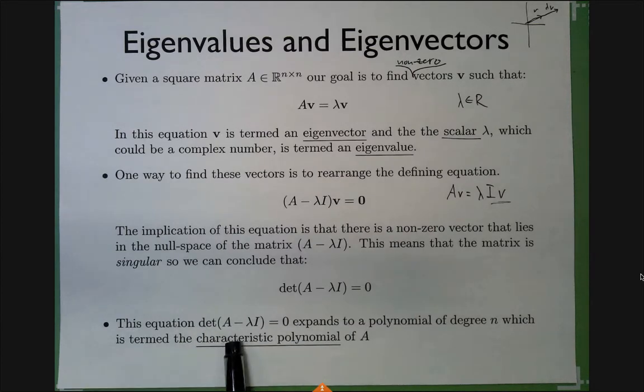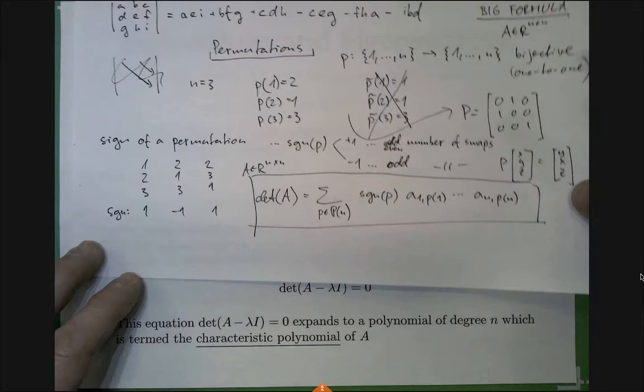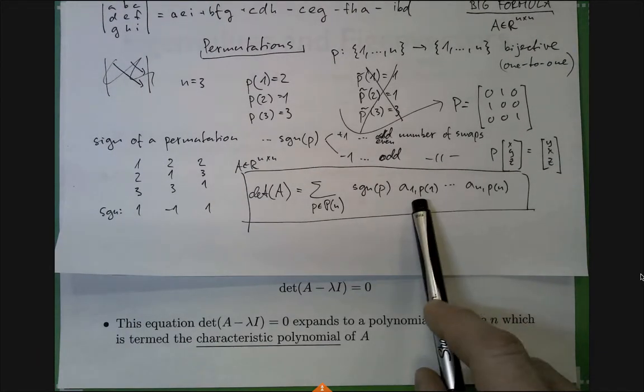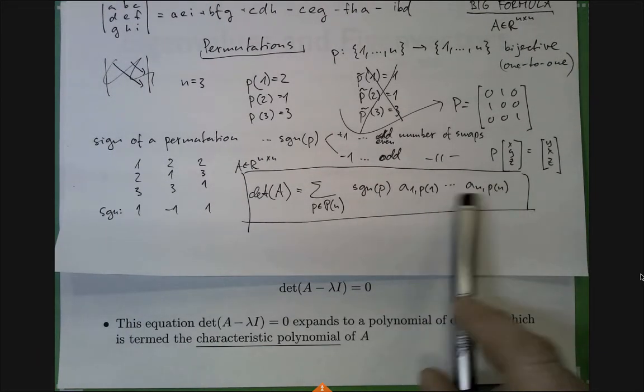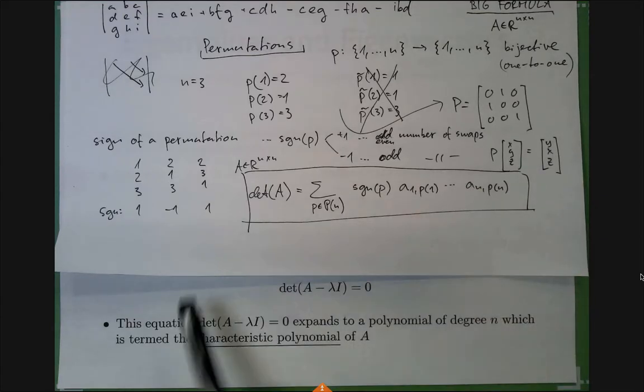Well, what is the determinant of A minus lambda I? From the big formula we started with, we can notice that this is going to be a polynomial of degree n in lambda. So the lambda is the unknown here. That's what we are solving for. That's the eigenvalue which we don't know and which we want to solve for.